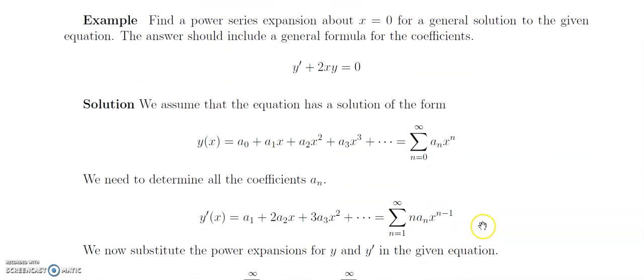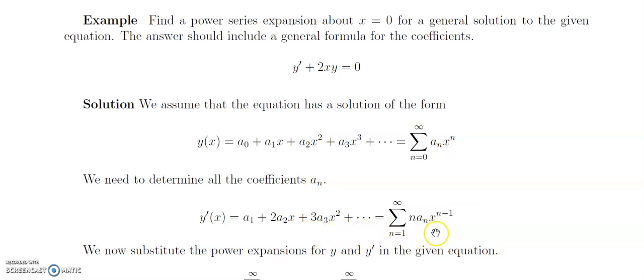So let's take the first derivative and substitute into our equation. The first derivative is the derivative of a0, which is 0, plus the derivative of a1 times x, which is a1, plus the derivative of a2 x squared, which is 2 times a2 times x, plus the derivative of a3 times x cubed, which is 3 times a3 times x squared, plus dot dot dot.